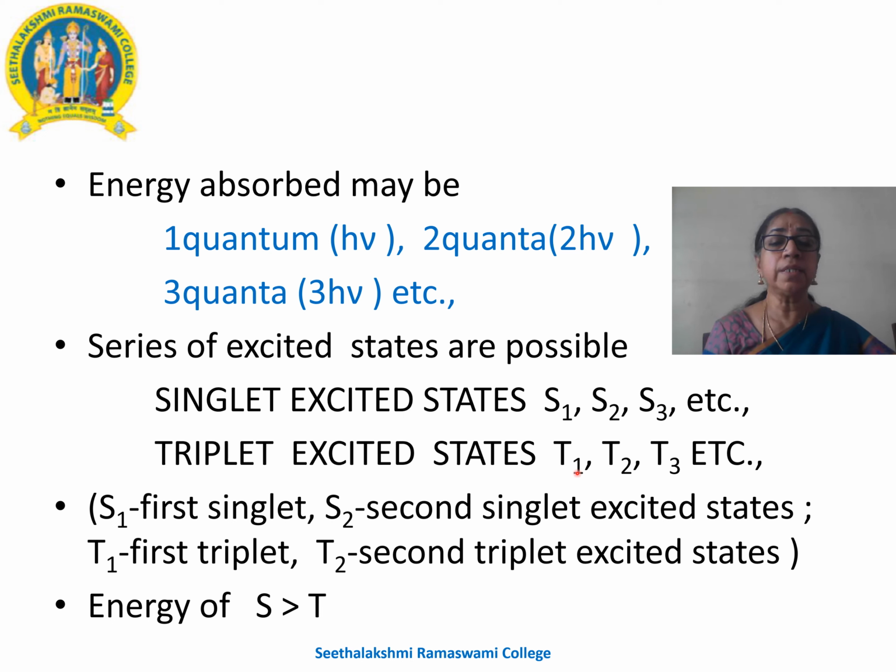Similarly, T1 is first triplet excited state, T2 second triplet excited state, and so on. Another point we have to know here is the energy of singlet excited state is always higher than triplet excited state. This point is also important for understanding the Jablonski diagram.